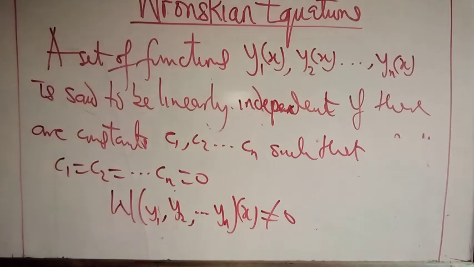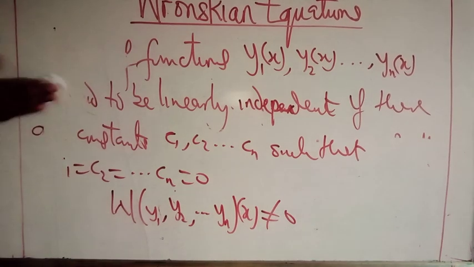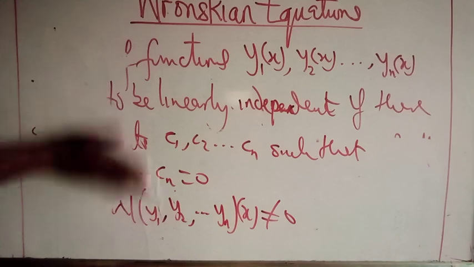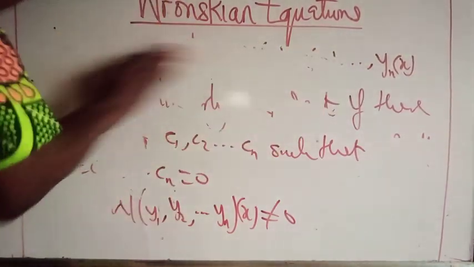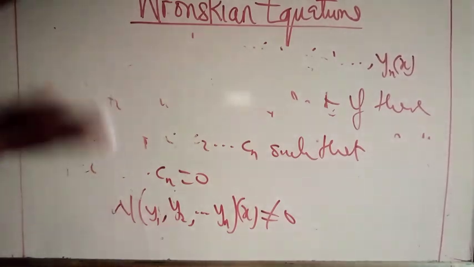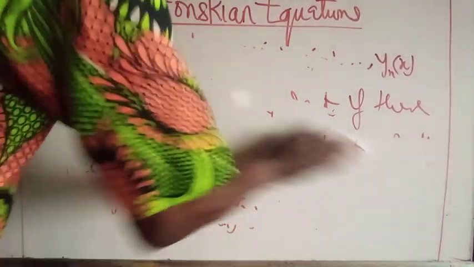Okay, let's look at an example to buttress what we are talking about. But by and large, what is a Wronskian itself? Before we go into examples, how does a Wronskian look?